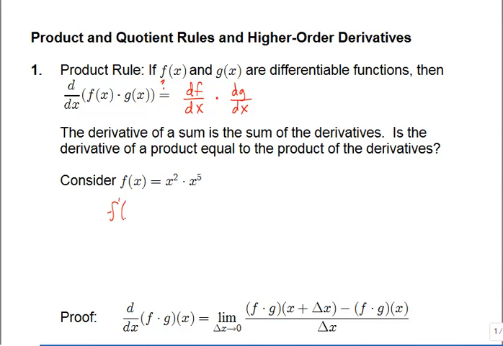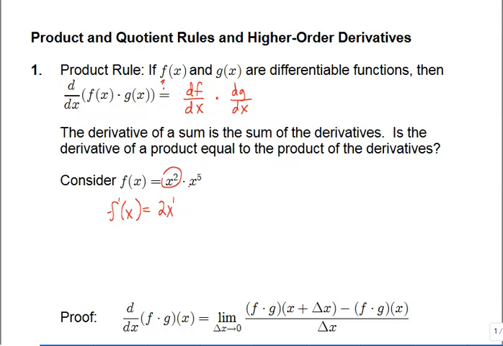If we were going to apply our guess of a rule here, then we might assume that the derivative of this product should be the derivative of the first function times the derivative of the second. The derivative of x squared, using our power rule, would be to bring down the power 2 and subtract 1 from the power, so the new power would become x to the first.